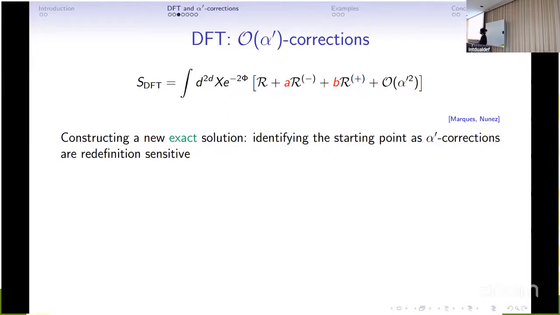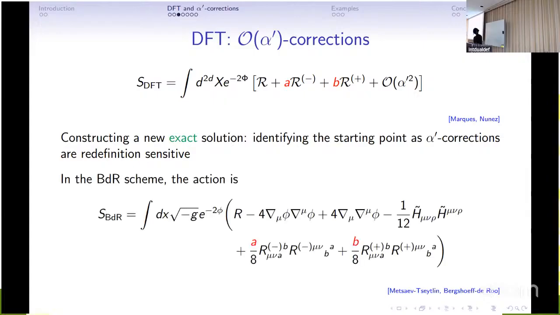If you're trying to construct a new exact solution, the tricky part is what could be the starting point? That's a little difficult because these alpha prime corrections are sensitive to redefinition. You could be working in one prescription and redefine it in one particular way, but another person could be working in different redefinitions where things could look a little different. So that's the tricky part.